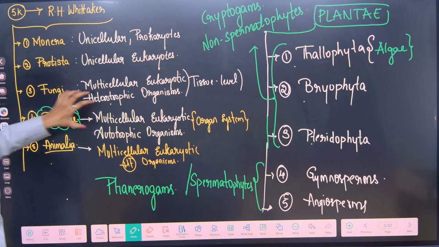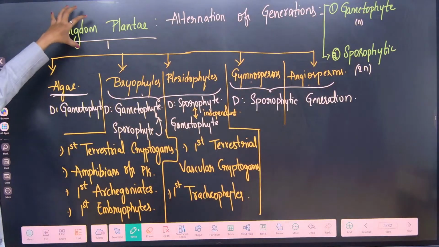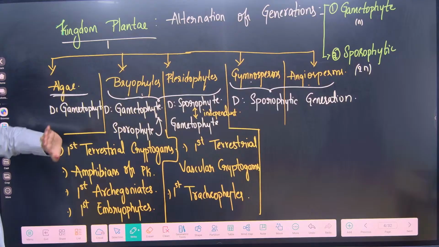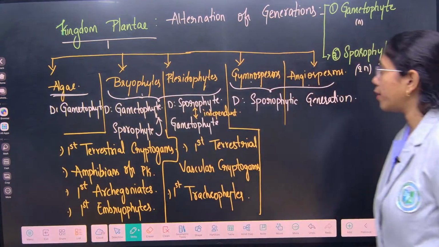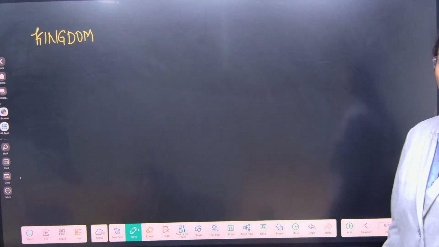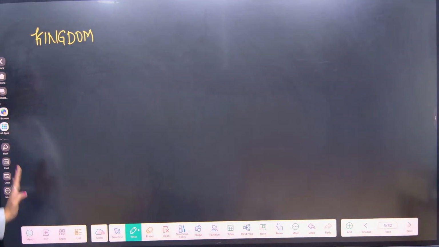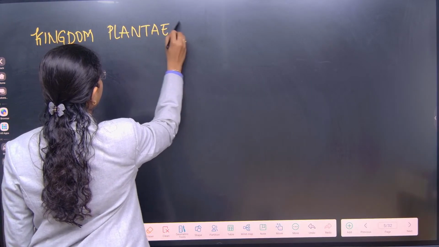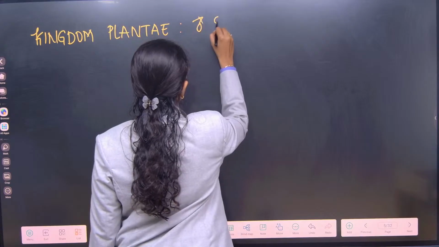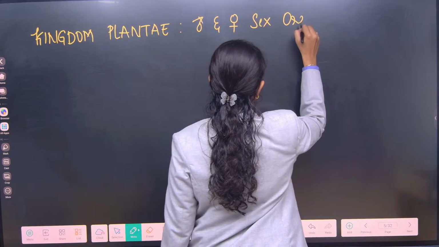We have first elucidated kingdom Plantae, and then, taking kingdom Plantae, alternation of generations, then the most common noted terms, the introductory part of bryophytes, pteridophytes, gymnosperms and angiosperms, and now about sex organs and male and female gametophytes of all the 5 divisions. Male and female sex organs.